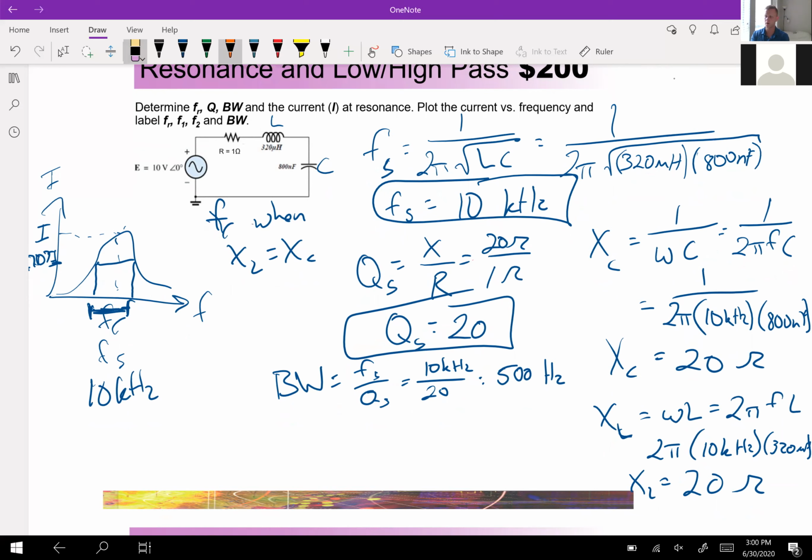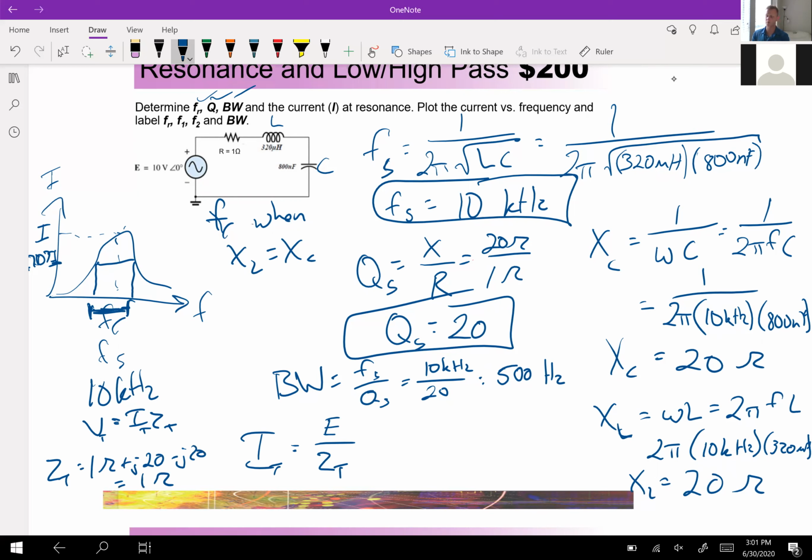What's the next part? It says find the current I at resonance. Well, if XL and XC cancel out, how does that look? If we're going to use V equals IZ, doing all the totals, I total is E, the source, the V total, over Z total. So what is Z total? Well, Z total is 1 ohm plus j20 minus j20.